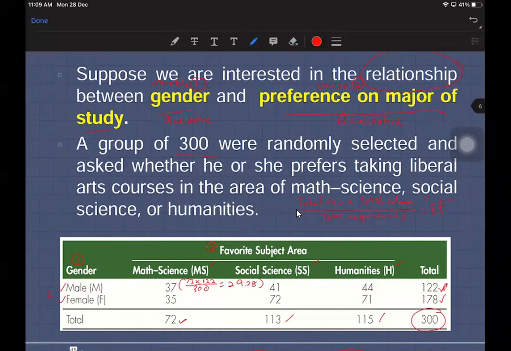Meaning to say the expected value for 37 will be 29.28. Now we do 35. Here it will be total column 72 times total row 178, divided by 300. So 72 times 178 divided by 300.